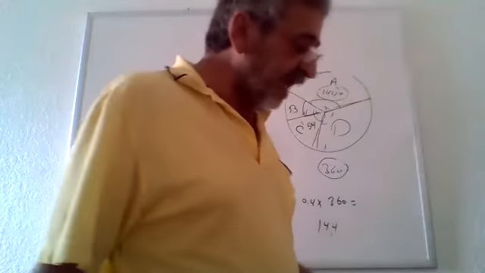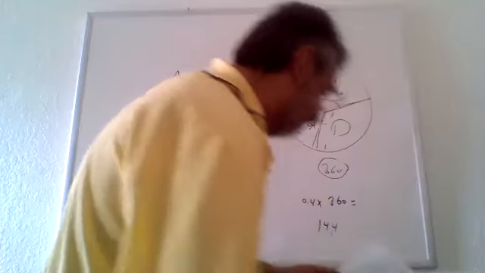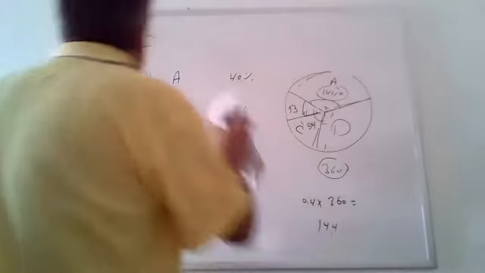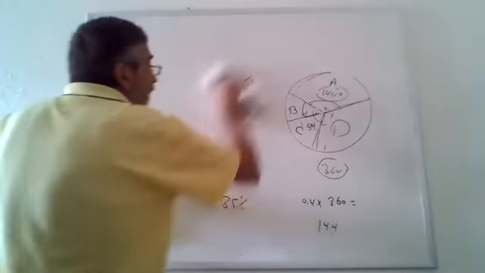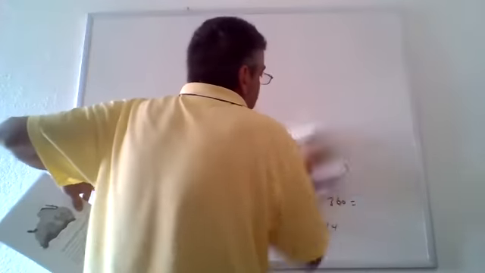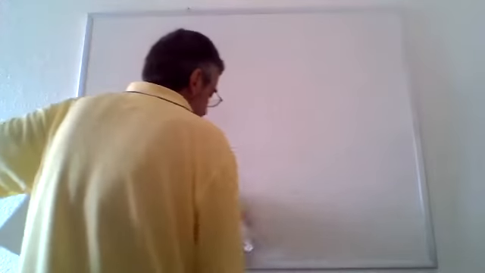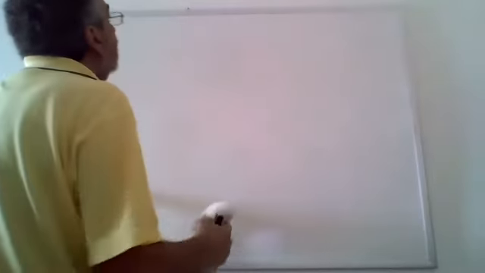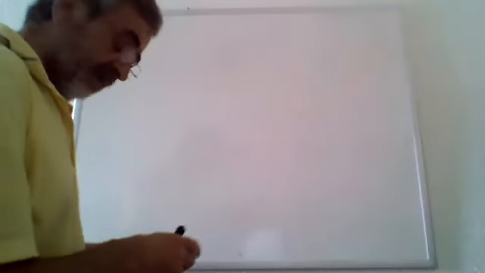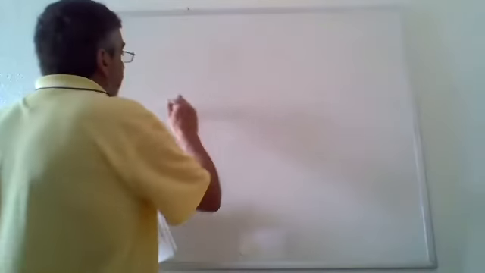Another type of graph. Say we have a graph. Let's say we have something like that.